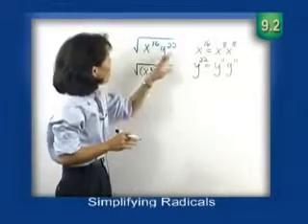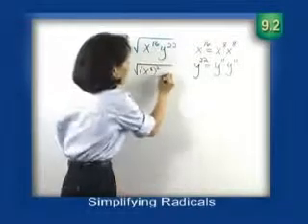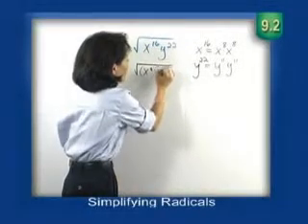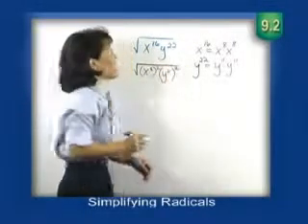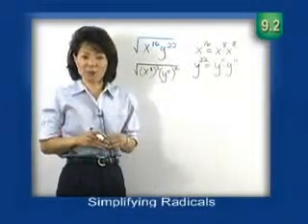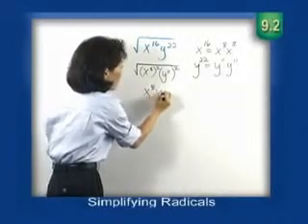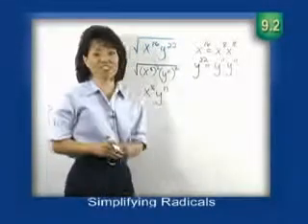So I'm going to rewrite my y to the 22nd as y to the 11th quantity squared. And again, whenever I have something squared, it can come out of my square root sign. So this gives me x to the 8th and y to the 11th.